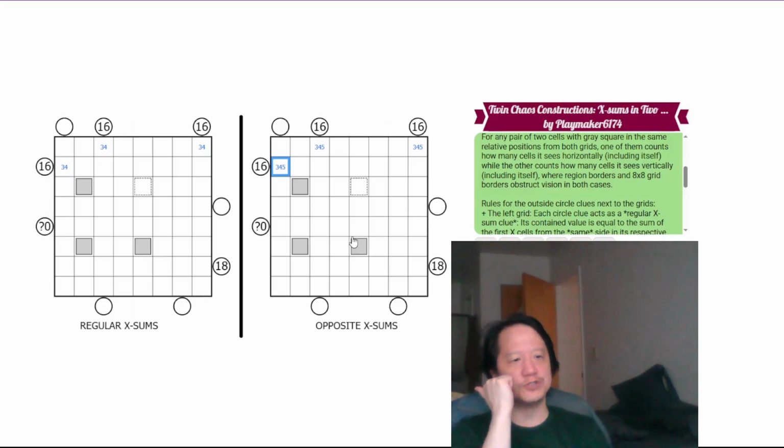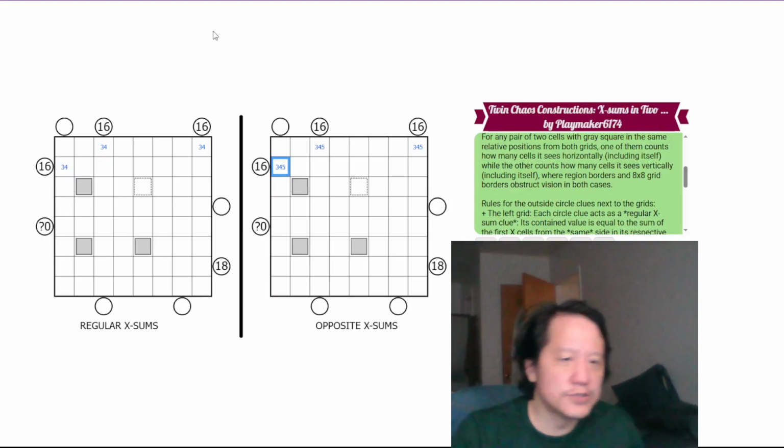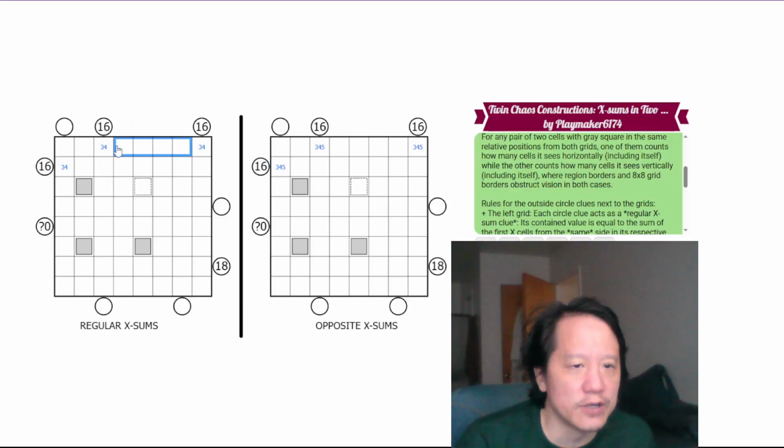And so you could have 1, 2, 3, 4, 6 adding up to 16 there. So the remaining digits in the regular x sum, this is guaranteed to be at least 3 cells here, adding up to 16.